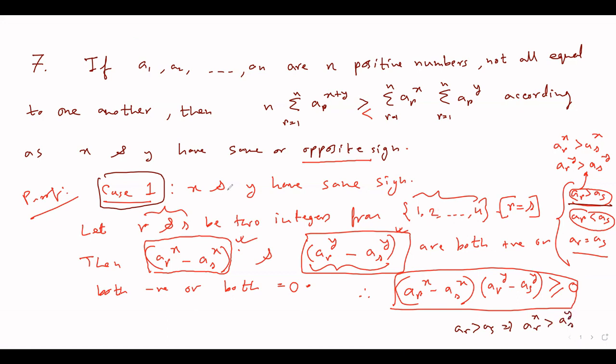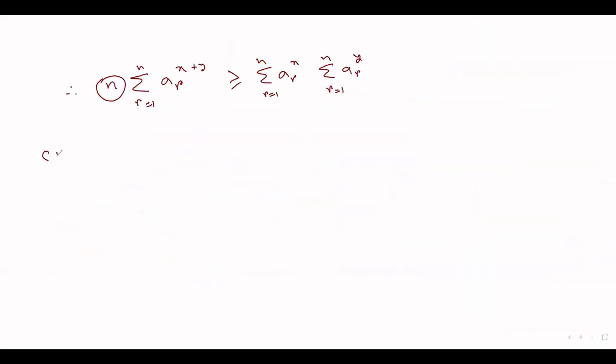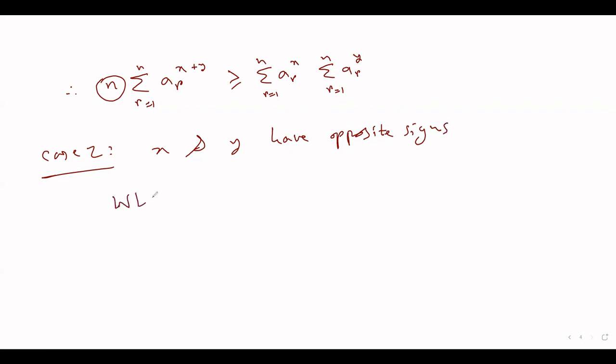Let's write in a more formal tone, case 2. X and Y have opposite signs. Then without loss of generality, let X be positive and Y be negative.